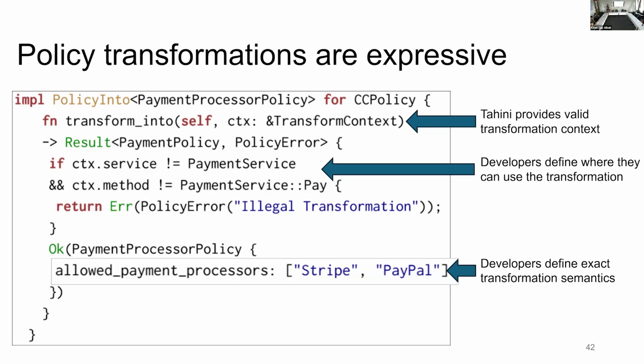Yes, that's a typo. The condition that you have should be an or. If the service is not the payment service or the method is. Yeah, I think this is one of the key contributions. So we should rework it especially for the paper so that it's obvious.